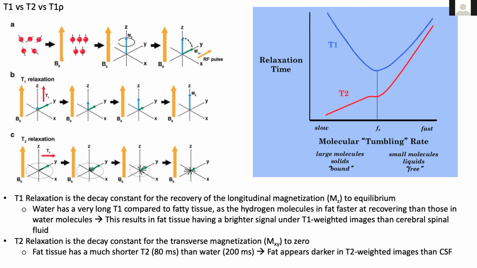That's why we have brighter signals in T1 weighted images in fat tissue compared to the cerebral spinal fluid. T2, however, is the decay of the magnetization on the XY axis caused by dephasing of the spins. In fat tissue, we have a much shorter T2 compared to water. Therefore fat appears darker in T2 weighted images than the cerebral spinal fluid.